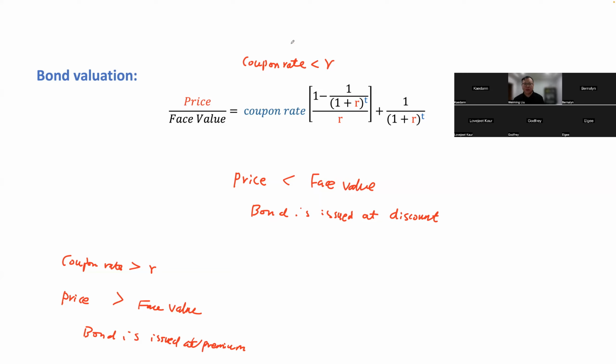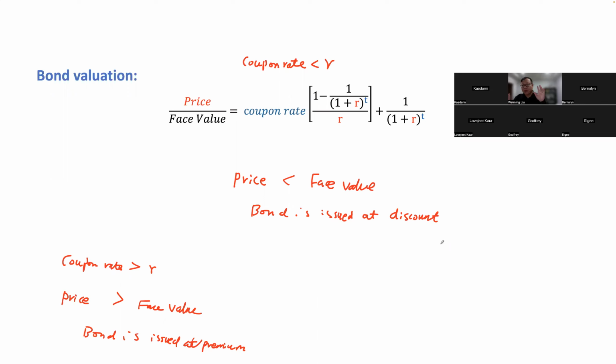This is really important because when you are solving a problem, if the question wants you to solve the price of a bond, you can almost predict whether it's a discount, par or premium based on the relationship between the coupon rate and the market interest rate.